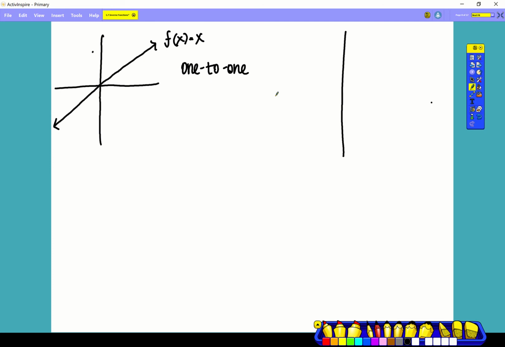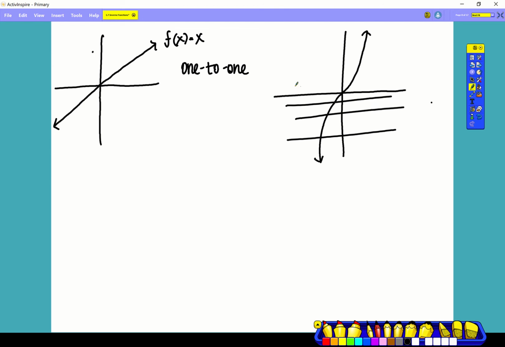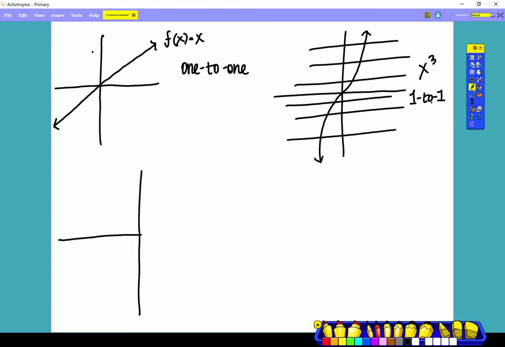Now let's have a look at a cubic function. Notice that no matter where I place my horizontal line, it's one-to-one. So it will have an inverse over its entire domain. Now here, we are going to have the reciprocal.